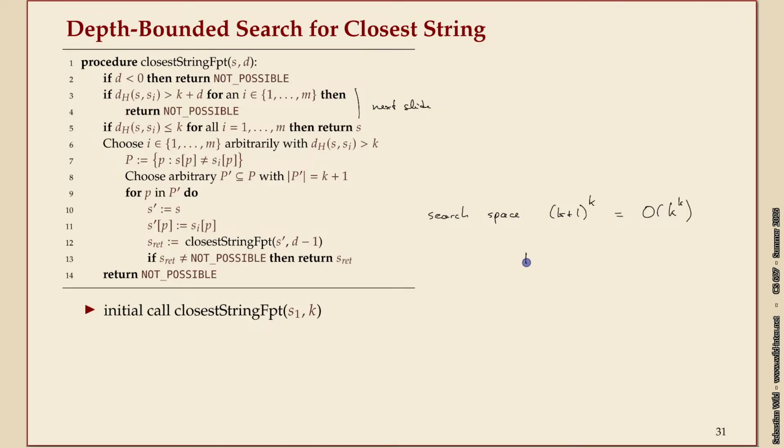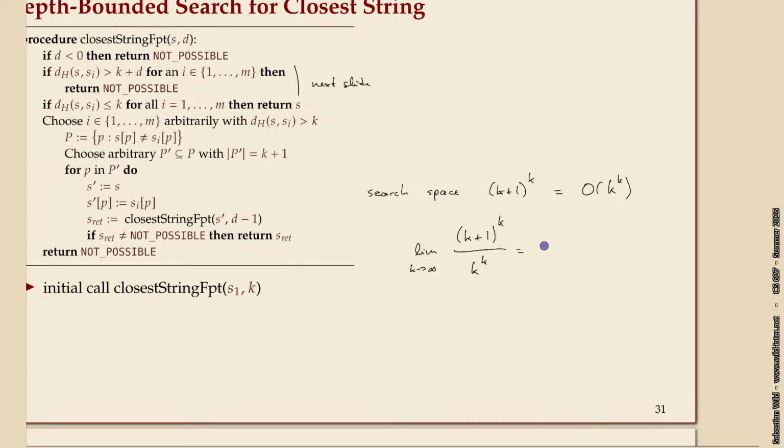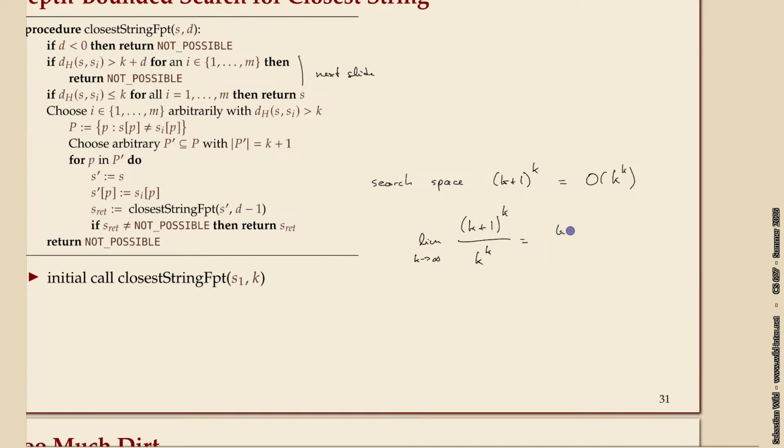And in case you want a proof of that, I think that's actually a useful thing to know, but also a little trick that's just convenient to do. So if you take the ratio and compute the limit for large k, what you can do is pull out the power, right?